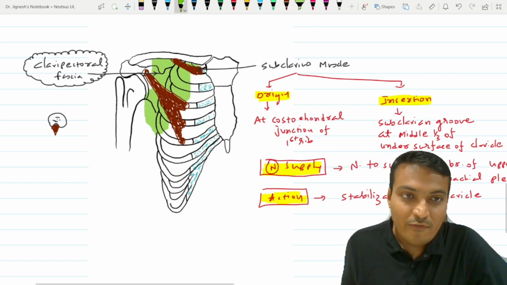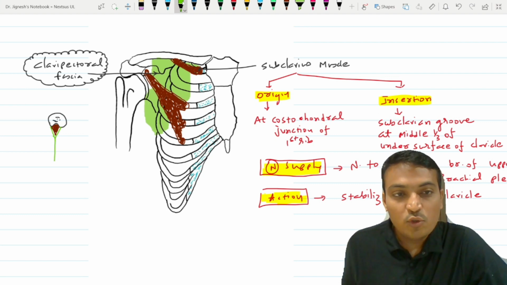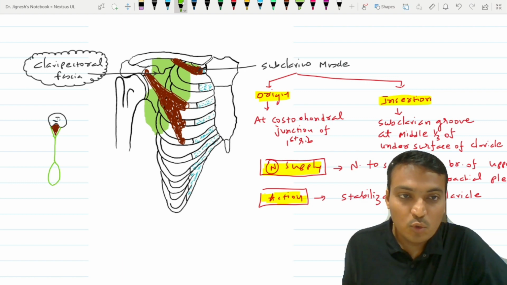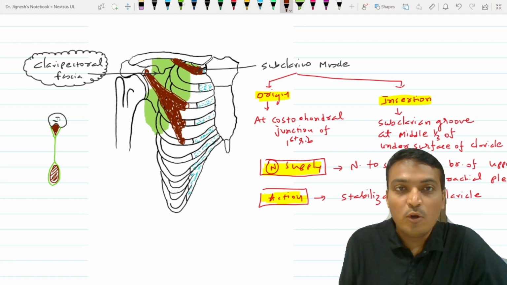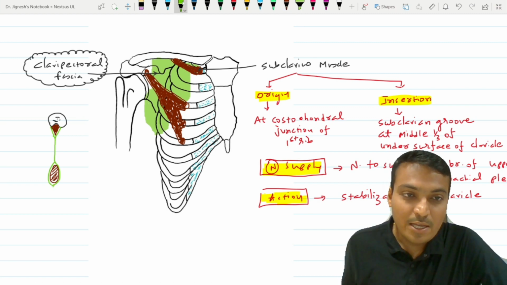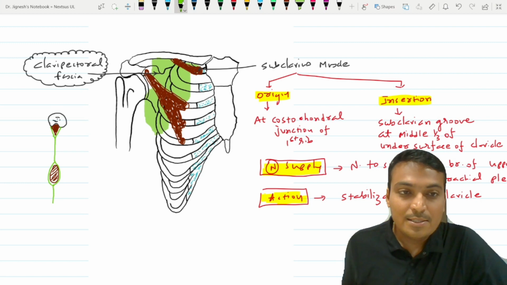The clavipectoral fascia is also attached to both margins of the subclavian groove, and then it encloses one more muscle, that is the pectoralis minor muscle. After enclosing the pectoralis minor muscle, this clavipectoral fascia continues as the suspensory ligament of the axilla, which continues with the axillary fascia.